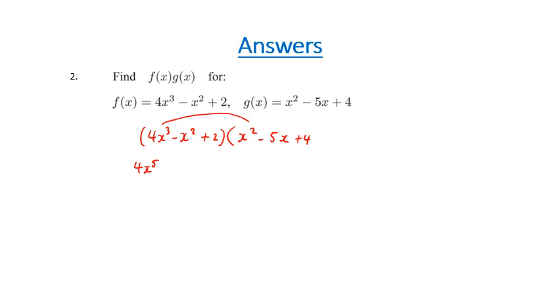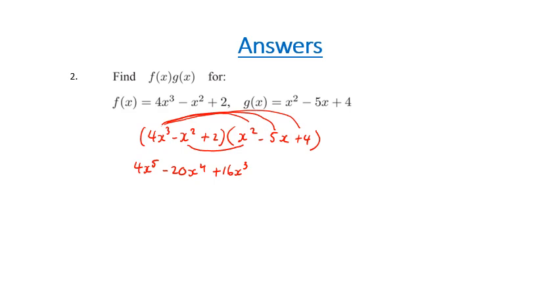Then I'm going to multiply the 4x cubed by the negative 5x, which is going to be negative 20x to the power of 4. And then I'm going to multiply it by the last term, which is going to be plus 16x cubed.